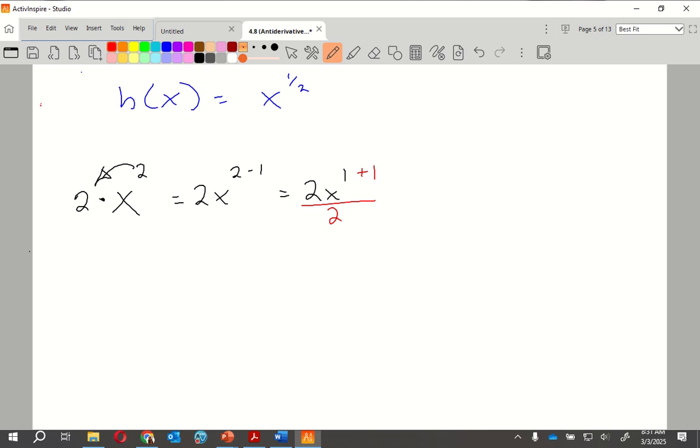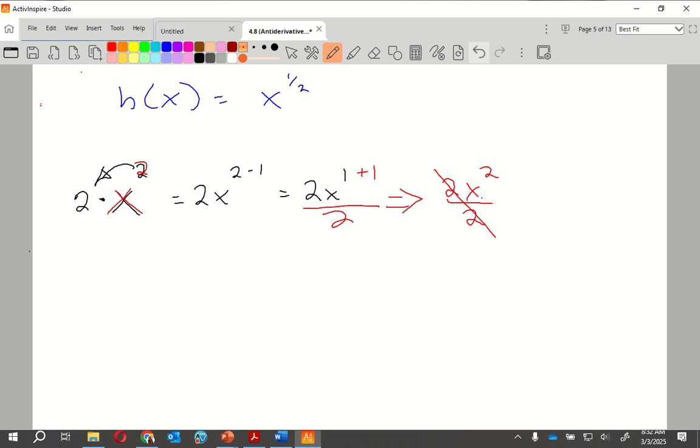So when I do that to get my antiderivative, that's going to give me 2x squared over 2. And are we back to just x squared? Yes. So the steps going backwards.